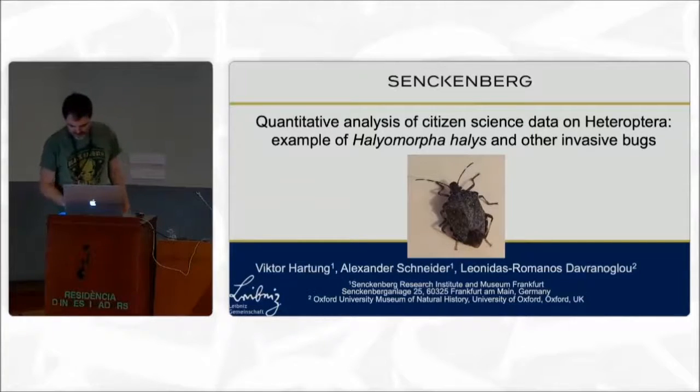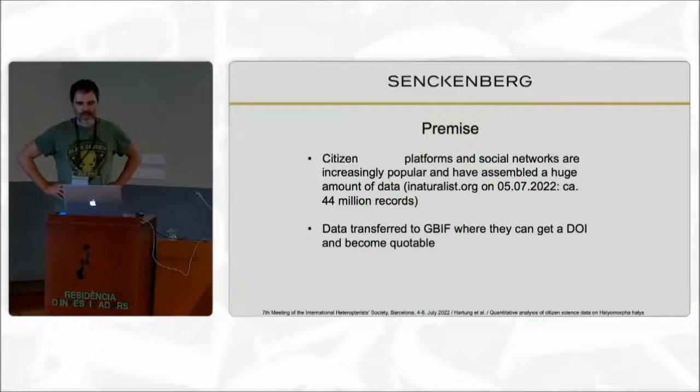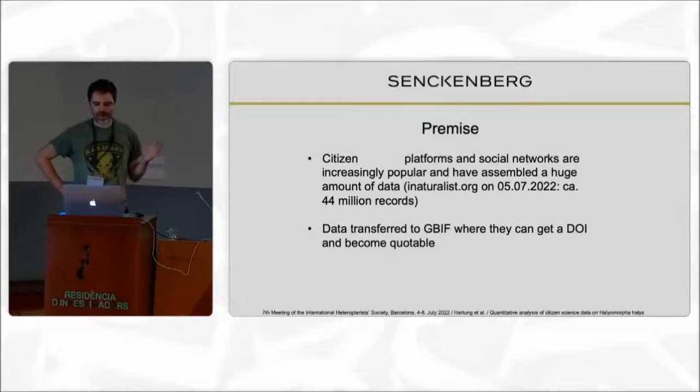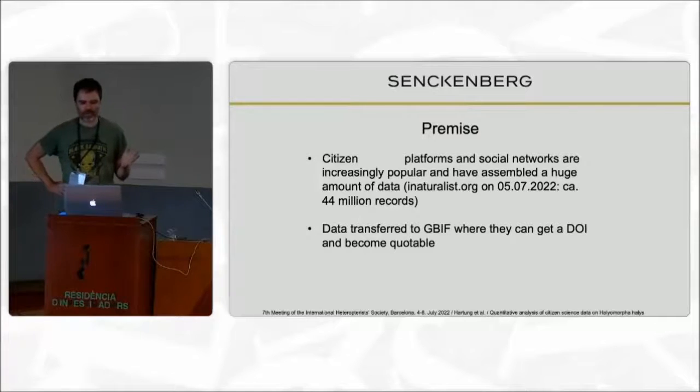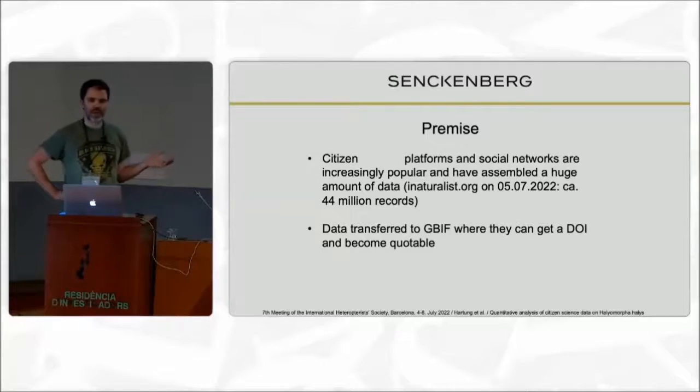So let's jump in. The premise I was starting from is that the citizen science platforms, and I was basically speaking about iNaturalist.org, are very popular and assemble a huge amount of data, and they're transferred to GBIF and can get a DOI, and then you can cite them in a paper, and people do that.